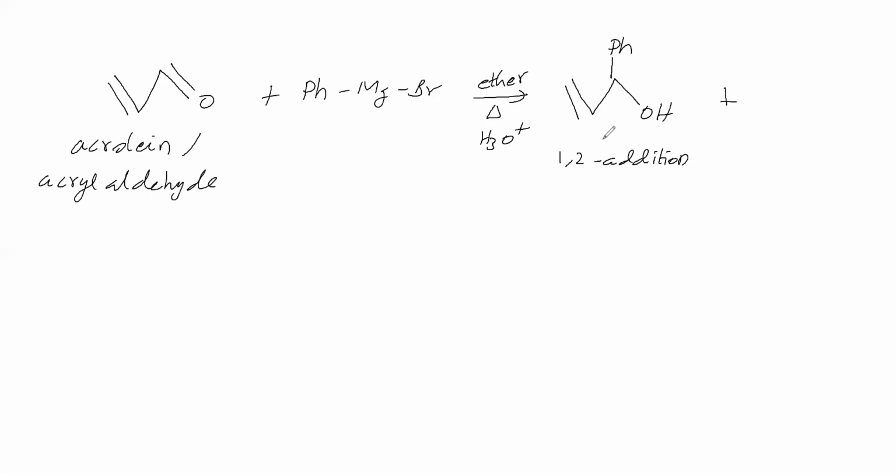Then we'll see the 1,4 addition product. It is the fourth atom: at this carbon atom, a phenyl group is added, and at this oxygen atom, hydrogen is added. Sorry, first we will write the 1,4 addition product.